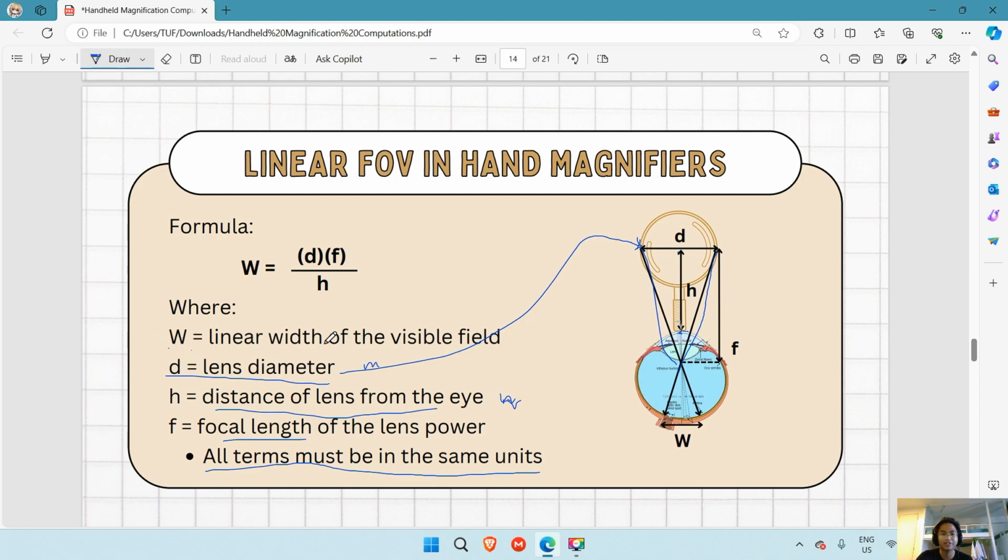W is our linear width of the visible field, meaning what we see on our retina, the width of the field of view. So this is the formula: D times F, because you have to find the area between the D and the F, and you will divide that by H so that you can find W.